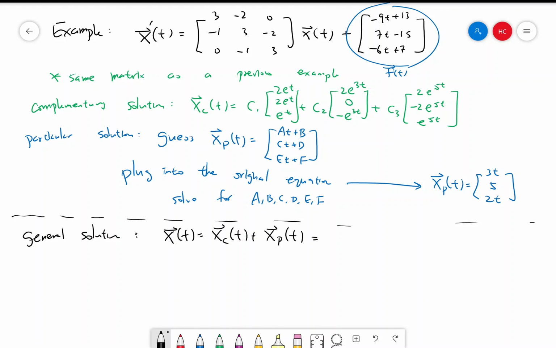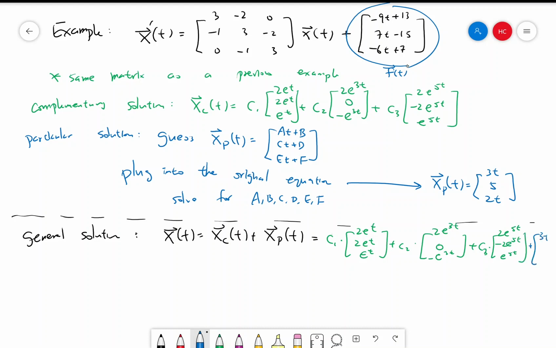So this is equal to C1 times the first vector plus C2 times the second vector plus C3 times the third vector, and then plus the particular solution, 3t, 5, 2t. This is a t here. Okay, so that's one way to write our solution.